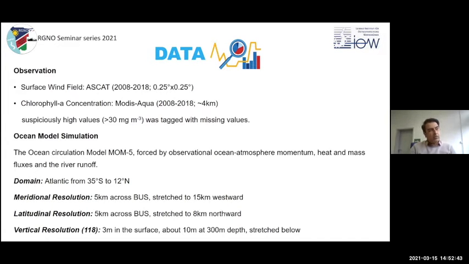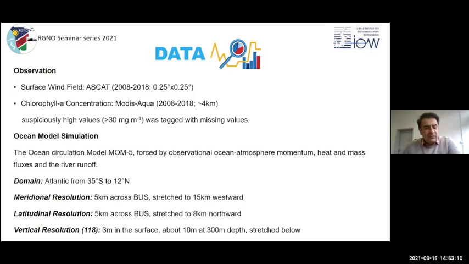For the Ekman dynamics, what we need is the theoretical background that has been discussed, and also observational winds. We took ISCAT data sets from 2008 till 2018. Chlorophyll A concentration from Aqua MODIS was used.